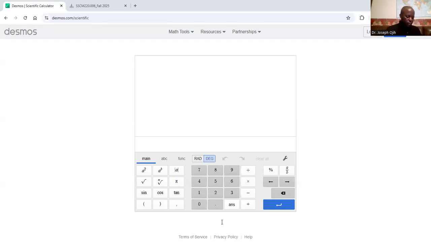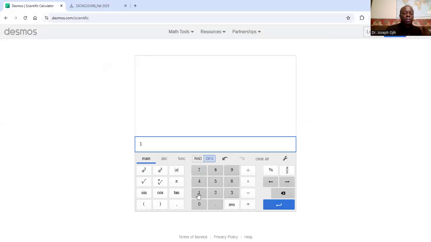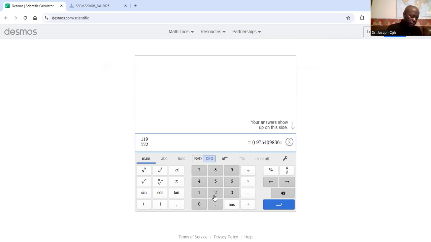All right. Probability of A given B equals 119 over 122. So we can now go to the calculator and get the answer right away. We got 119 divided by 122, which is 0.975 rounded.